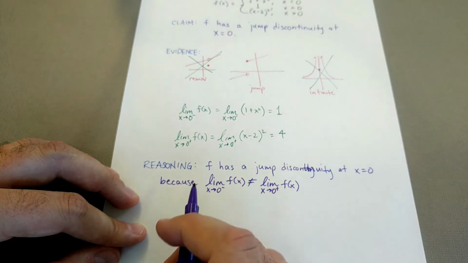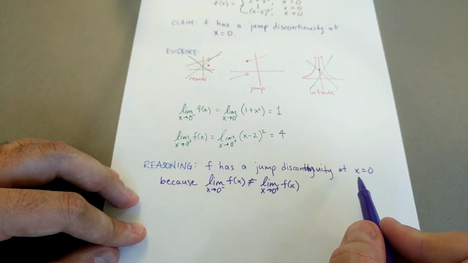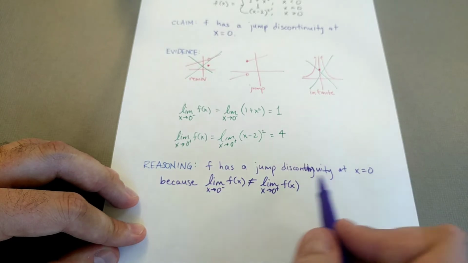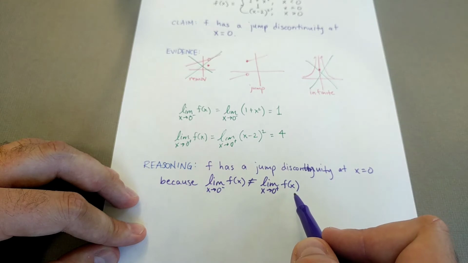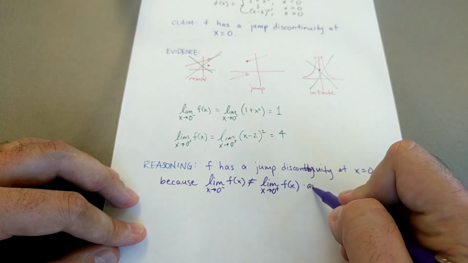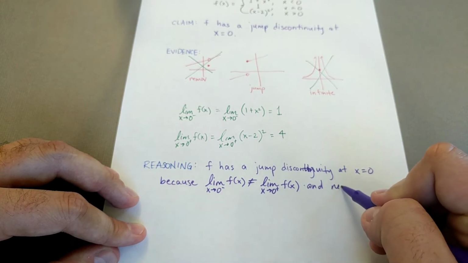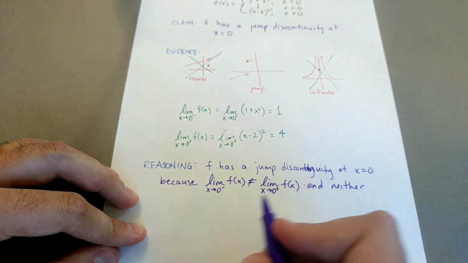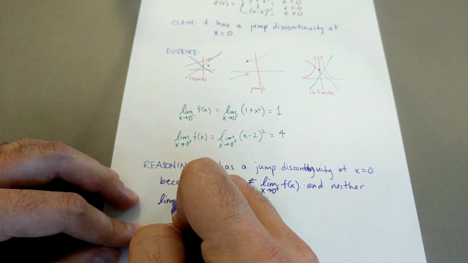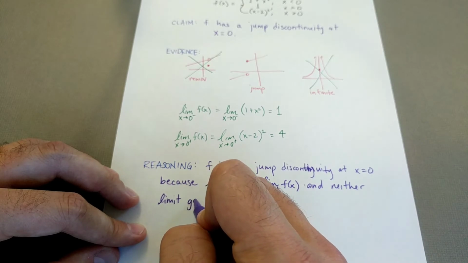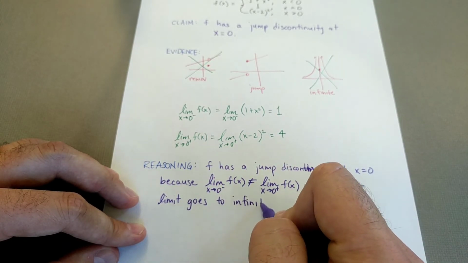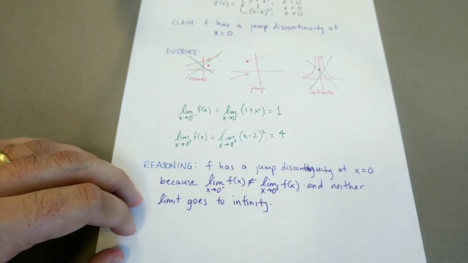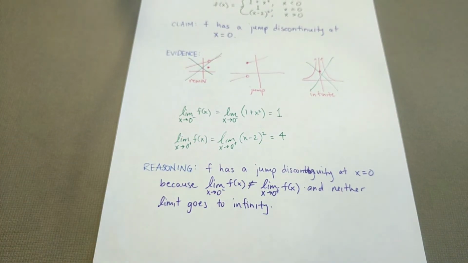So what I want to add is f has a discontinuity at x equals 0 because the left and right-hand limits do not equal the same thing, and neither limit goes to infinity. If one of them went to infinity, then it would actually be an infinite discontinuity. So now I've sort of covered all my bases.